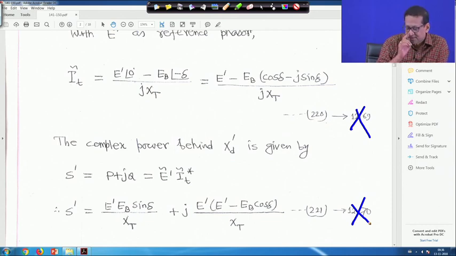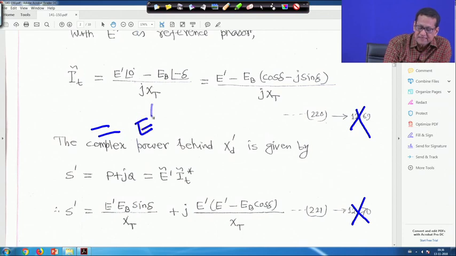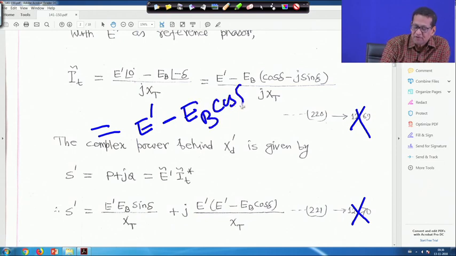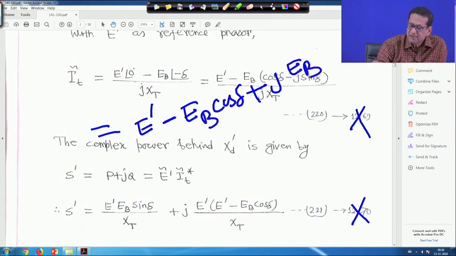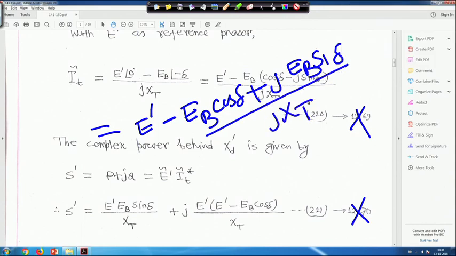For the numerator and denominator, I can write it like this: E dash minus E b cos delta, plus j E b sin delta, divided by j x t.